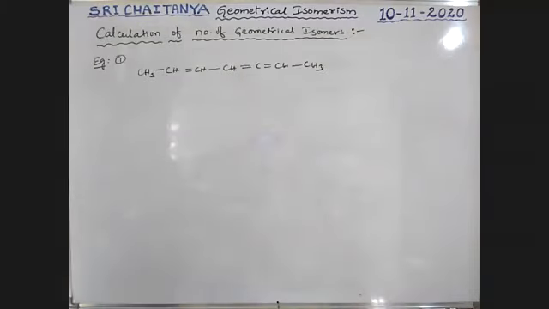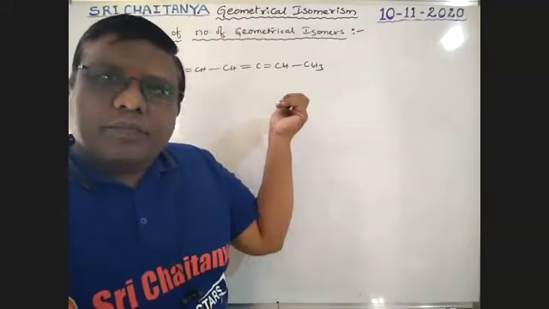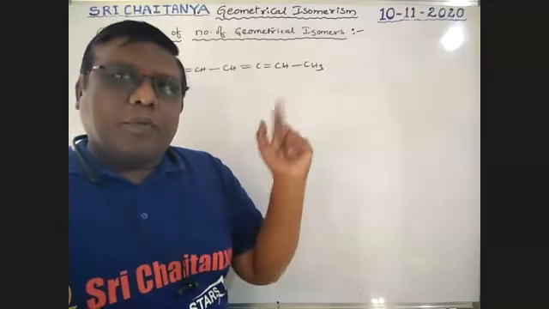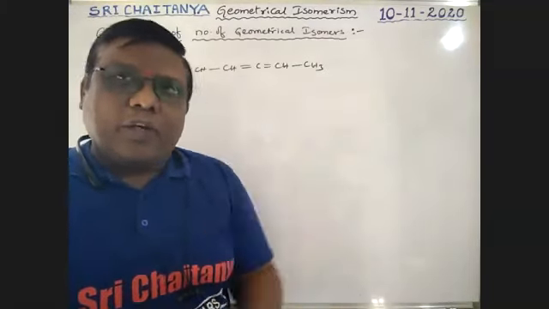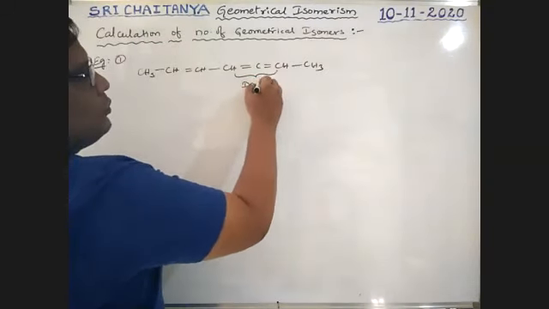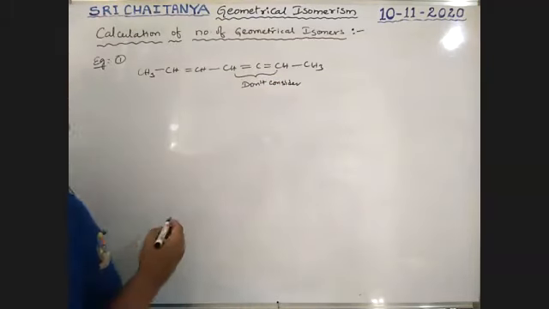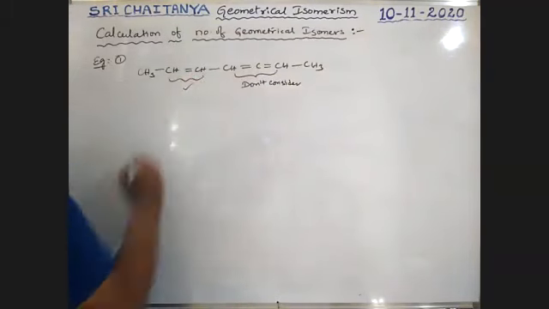It is a cumulated diene. Cumulenes with an even number of double bonds have no geometric isomers, as we already know. That's why we don't consider these. Therefore, only one double bond.